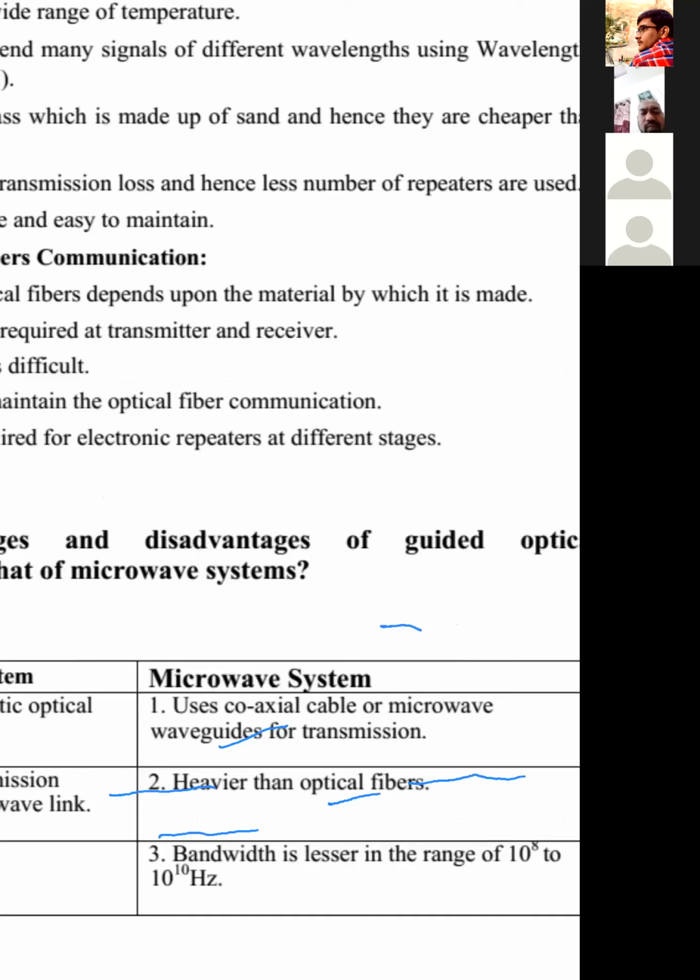The bandwidth of microwave systems is lesser in range, from 100 megahertz to 10 gigahertz, or you can say 0.1 giga to 10 giga.